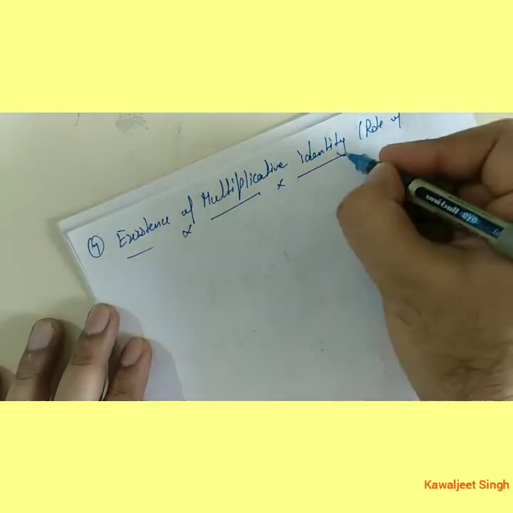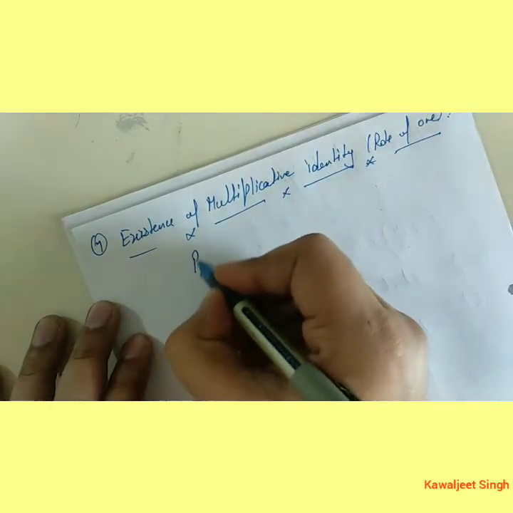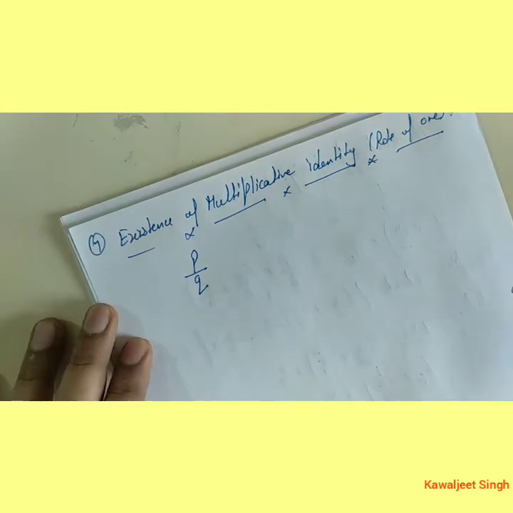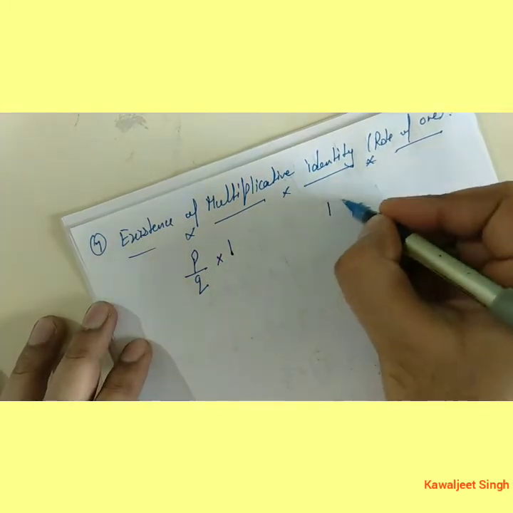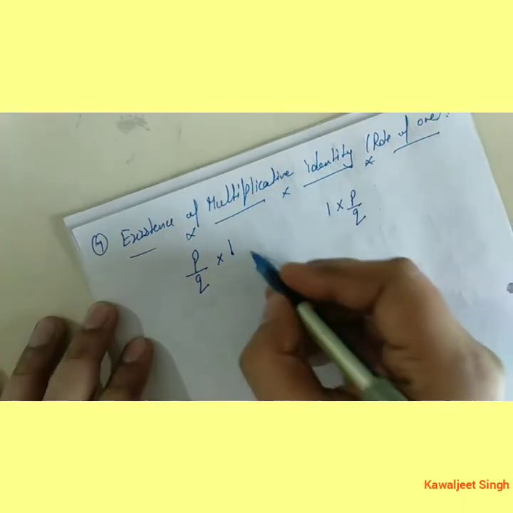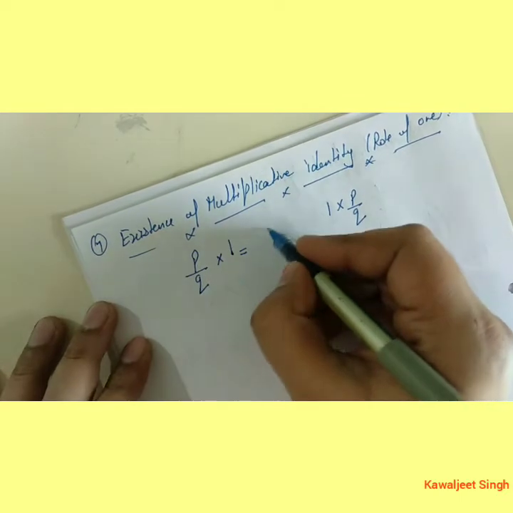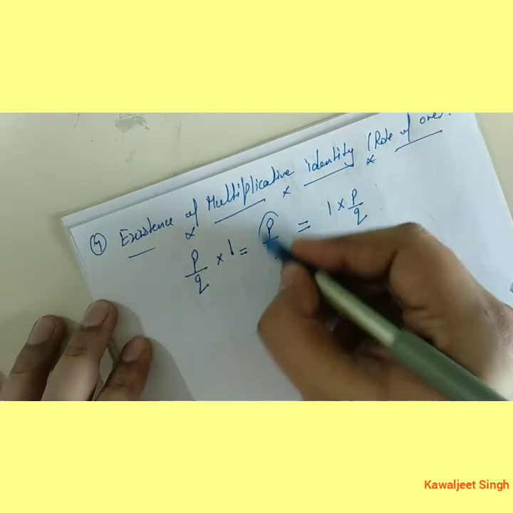Under this it's very simple. If P by Q is any rational number, when that rational number is multiplied with 1, or 1 is multiplied with P by Q, in both conditions we always get the answer P by Q.